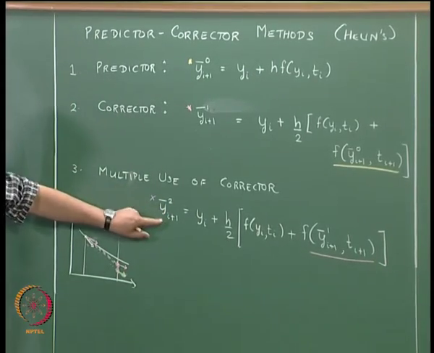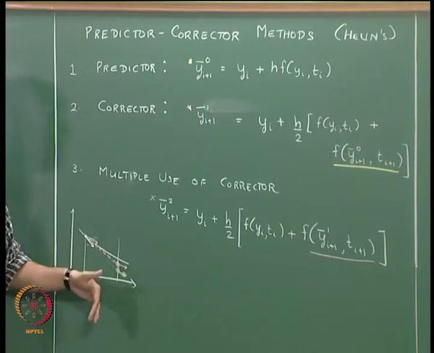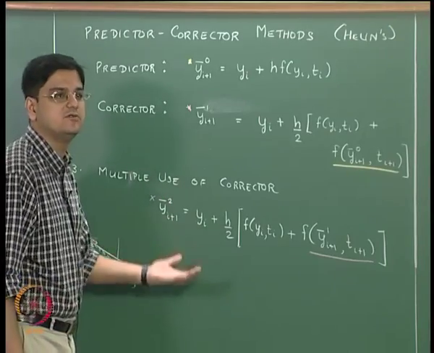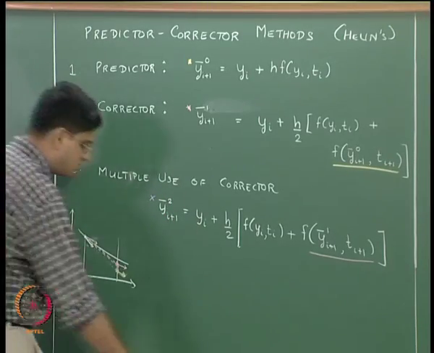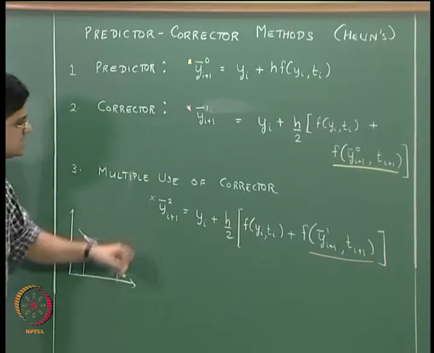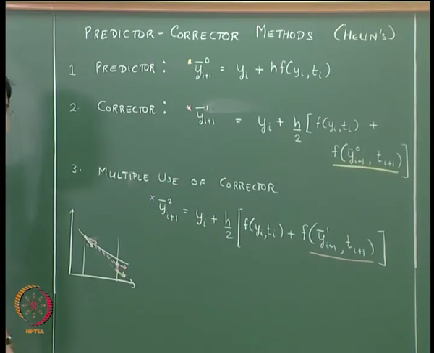Now, this is the second time I have used the corrector. I will use the corrector third time, fourth time, and so on and so forth. I will use it recursively in order to get better and better guesses, okay. So the recursive use of this corrector means that this guy has to be replaced by an appropriate quantity.